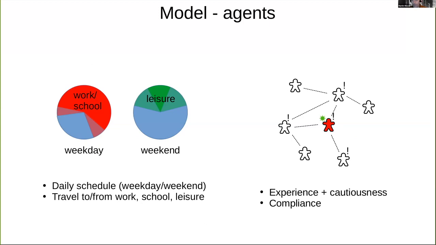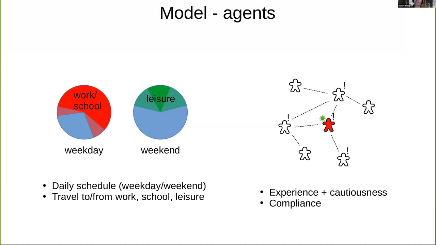They go to places of leisure. They have a certain amount of social connections. Those do not directly affect infection rates, though. They are simply for information sharing. So infection only happens in buildings or in public transport, but agents are aware of the infections happening within their social network.